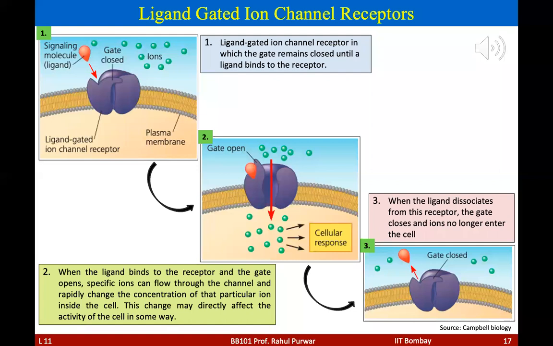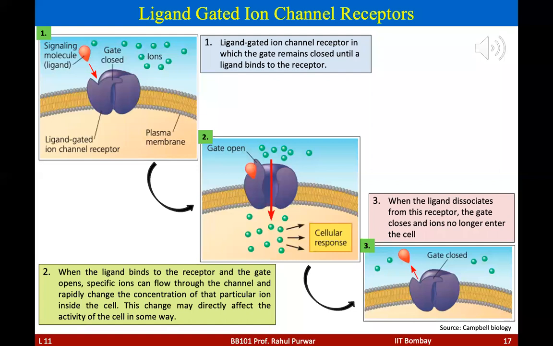For their optimal function, the balance of the ions in the cell and outside the cell is extremely important. And what makes that balance of ions inside and outside the cells? These ion channel receptors. Sodium, potassium, calcium are all maintained at a proper concentration by these ligand-gated ion channel receptors.